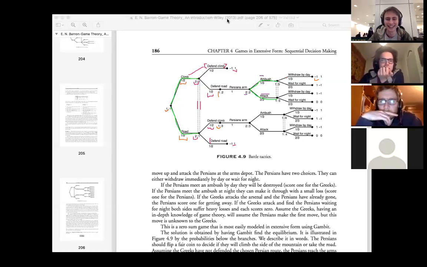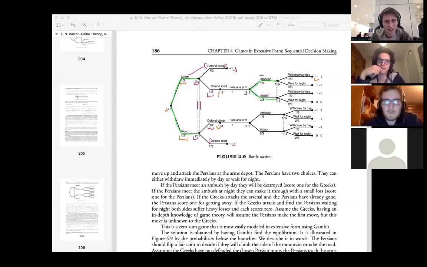I guess so. Because the Greeks in this case are very good warriors. I think there was something about the Persians gaining reinforcements or arming themselves because they need the right weapons to fight the Greeks or something. I don't know, something like that. But generally this is how it works. And now it's like game theory turns into art of war and everyone's happy. So does that make sense to everybody?